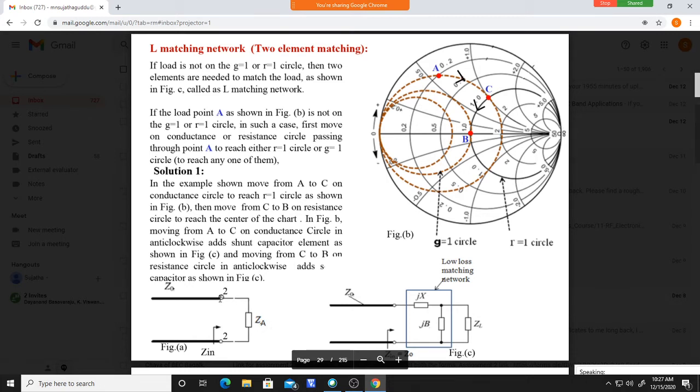Correct. If you want to change the impedance between these two, what we can do is add a capacitor, inductor, or a resistor. Usually we do not add a resistance. What we can do is add a reactance. You can add a reactance in series to this, and the impedance will change.